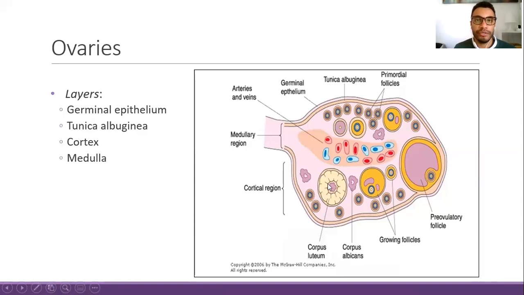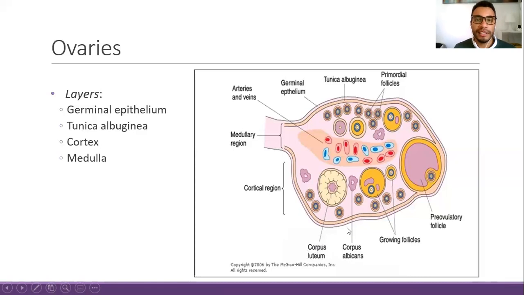Okay, and then after a couple of days, the corpus luteum will convert into corpus albicans, which is white body. So corpus luteum, yellow body, and corpus albicans, white body.